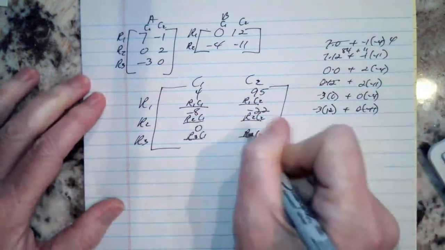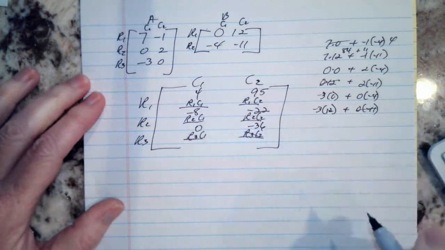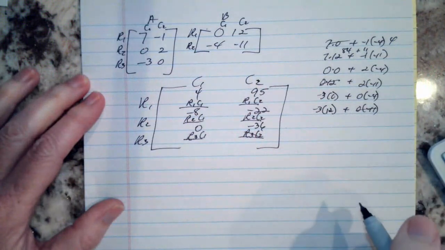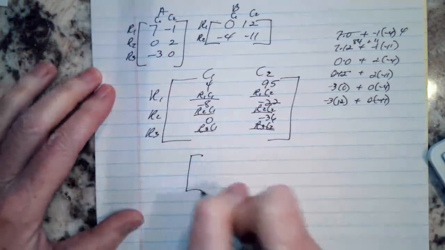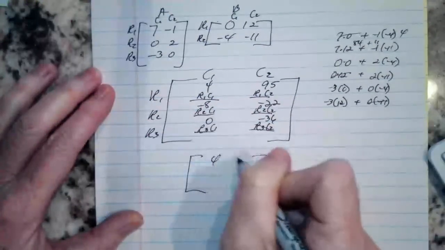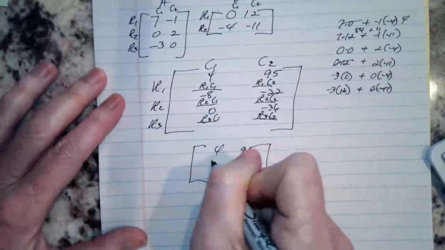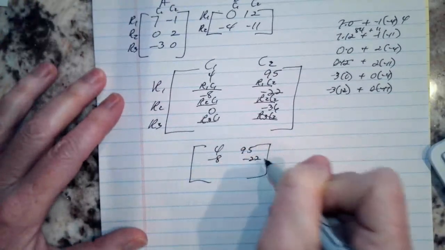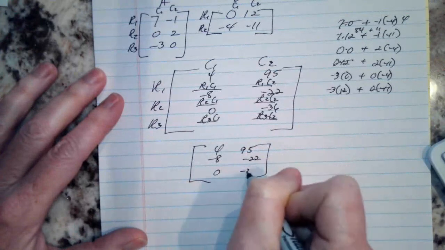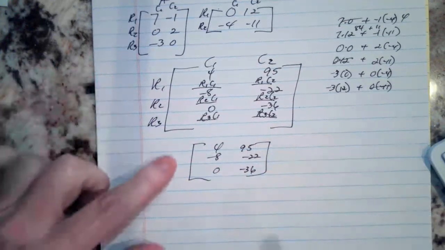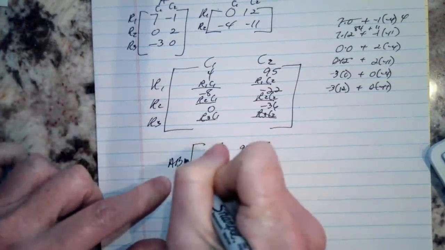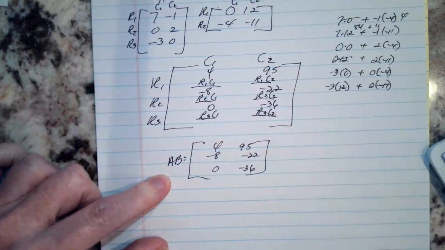Fan of the 0, aren't you? So we get a -36 right there. Okay, so the answer then is 4, 95, -8, -22, and 0, -36. That's the answer for A times B.